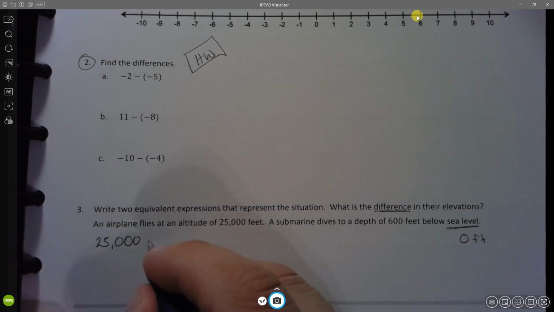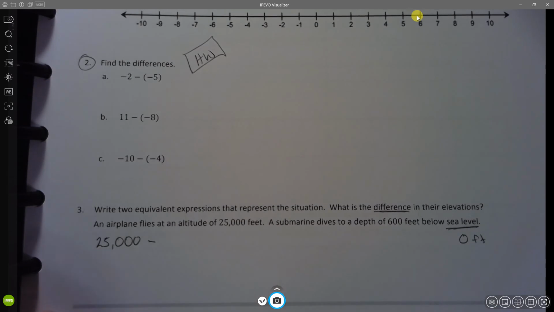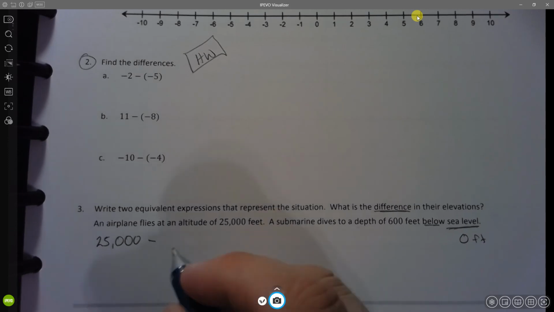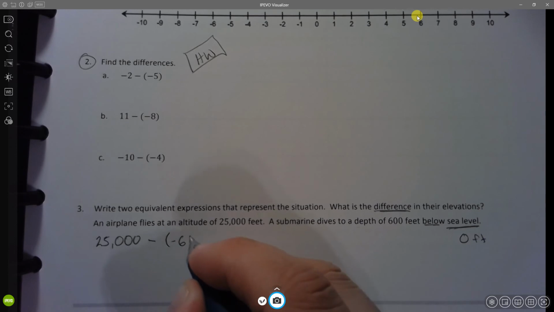So minus, and the submarine dives to a depth of 600 feet below. Below is the key word here. That tells me it's going to go below 0 feet, so it's not going to be a positive number anymore. Below means that this is going to be a negative number, so I'm subtracting a negative 600 feet.